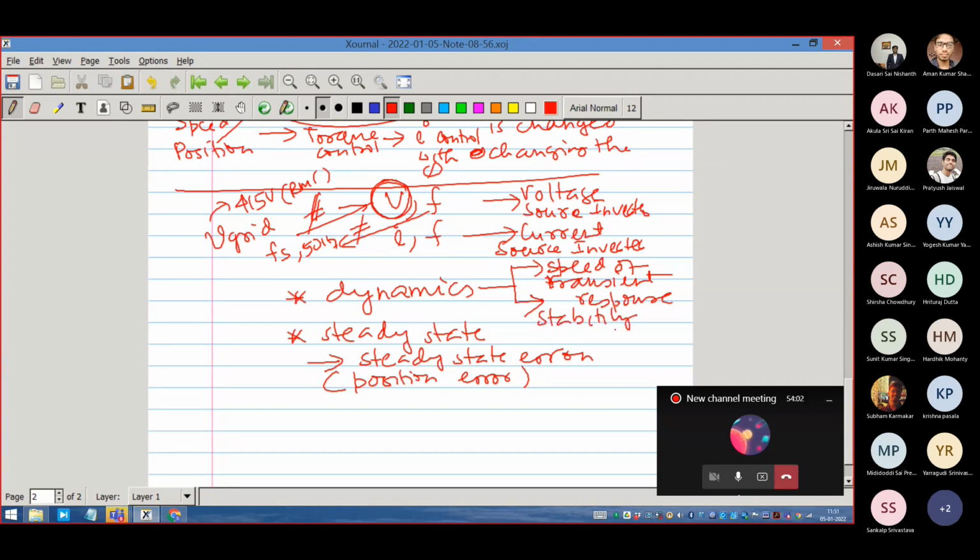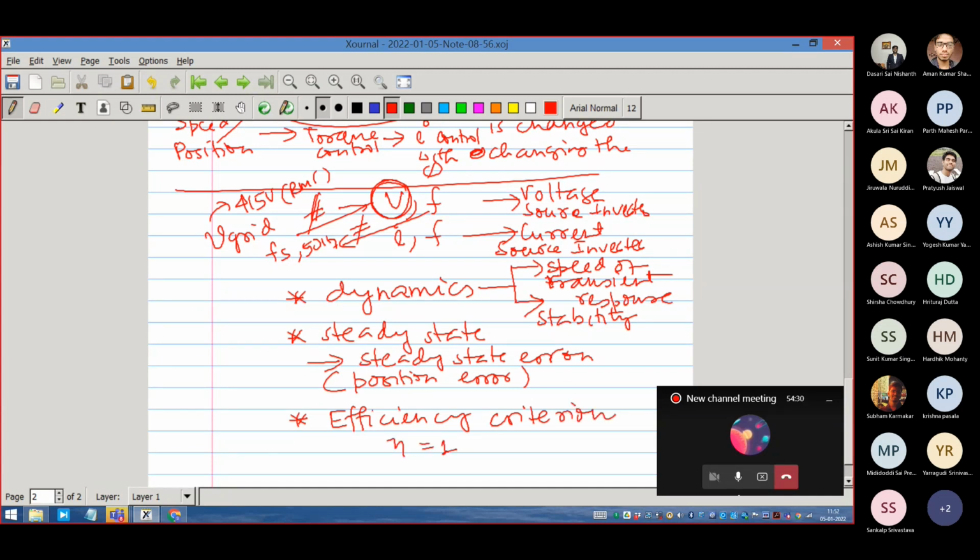The currents and voltages should not be unstable. And from the external point of view we should have efficiency criteria. Efficiency should be nearly equal to 1.